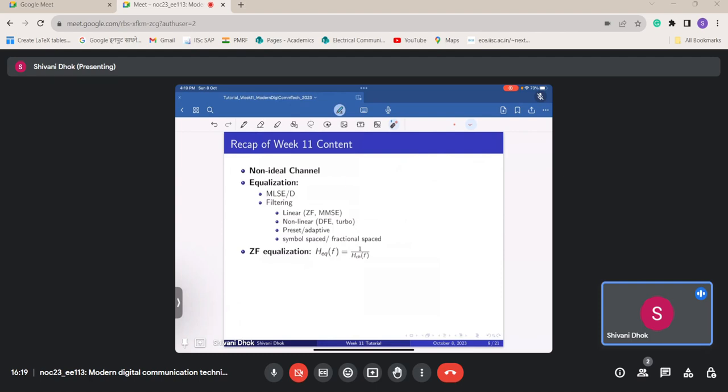So basically you'll have your transmitter, then you'll have your channel, then you'll have equalization, and then your receiver. All of these four things will basically be leading to your raised cosine impulse response.